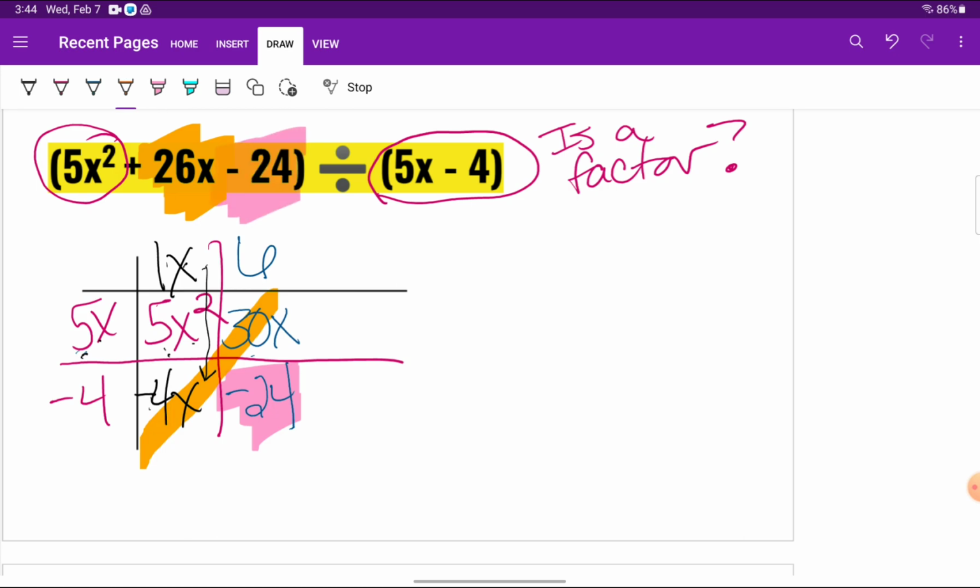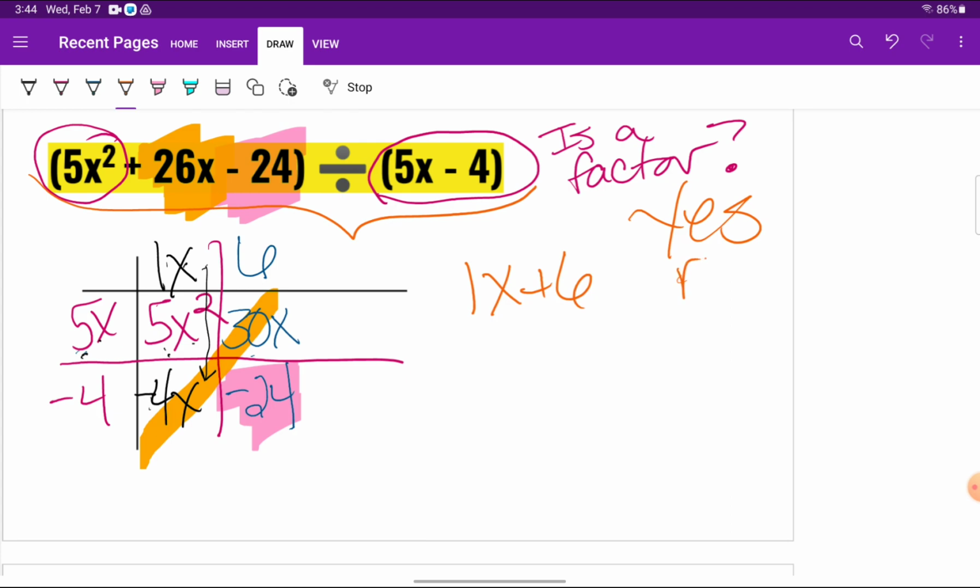So my end result, if I do the division, is x plus 6. Is it a factor? Yes, because the remainder is 0. There is no remainder.